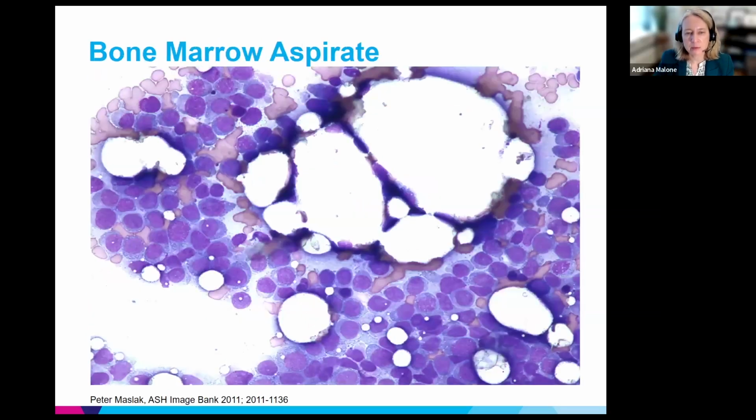A bone marrow aspirate is performed, and here is a representative image showing sheets of monomorphic cells that have replaced the hematopoietic elements. And we see very few other hematopoietic elements in the bone marrow. You can see here a few cells that look different, but the vast majority of cells on this peripheral blood smear are the blast cells.